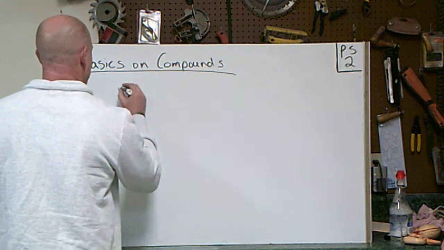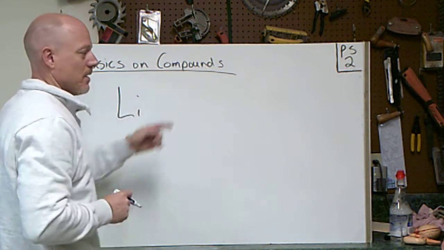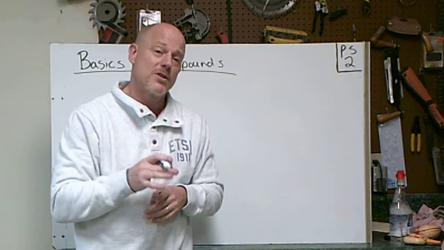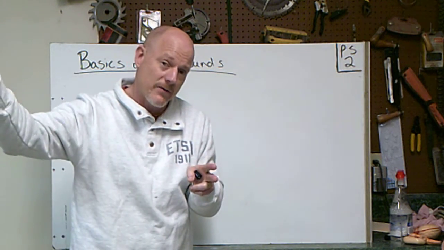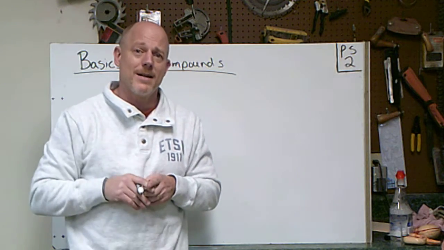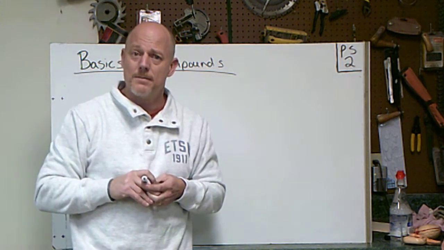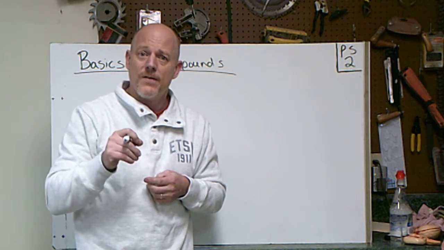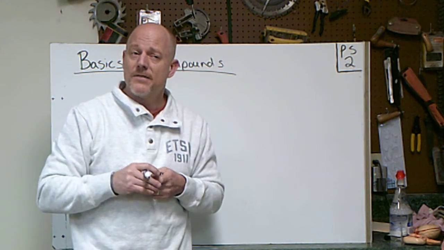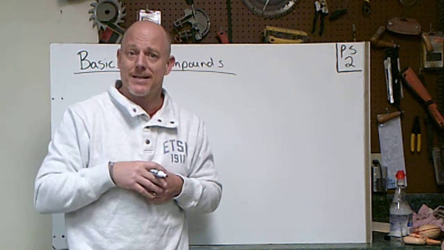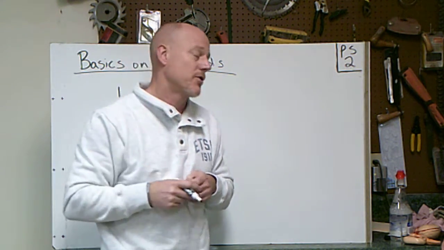And let's go back to lithium. Remember, lithium is in group 1, and they all have 1 electron they want to give up. Group 2s, they all have 2 electrons they want to give up. Can you go to your periodic table right now and find an element that has 2 electrons that's ready to give up? Go ahead, go find one. In fact, find the lightest element, the earliest in the periodic table that has 2 electrons to give up.